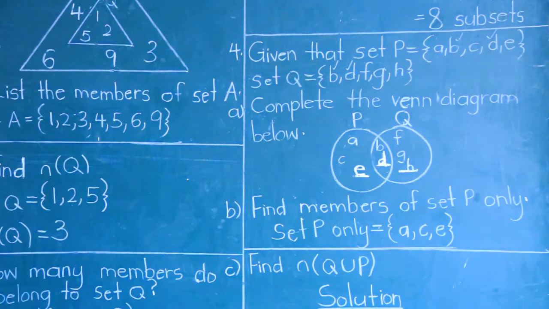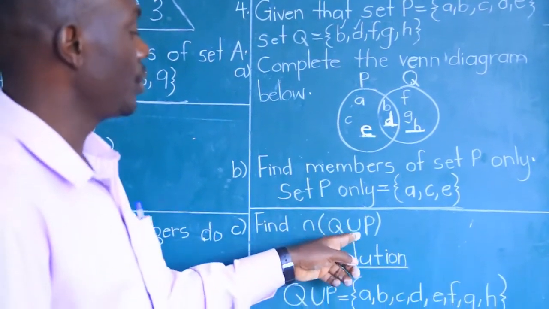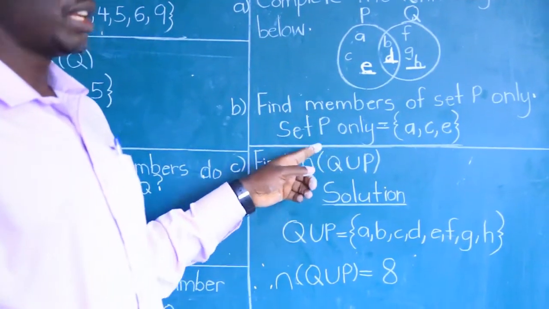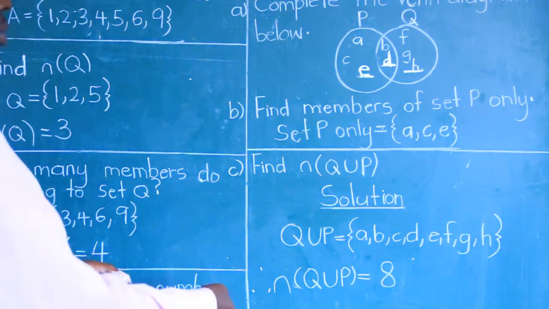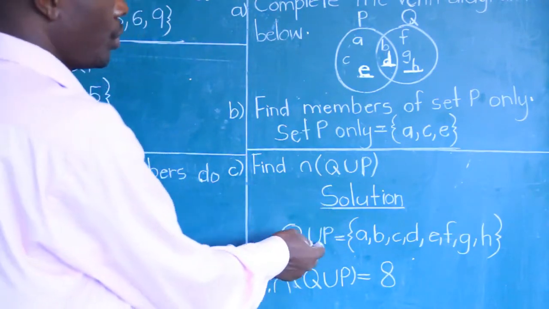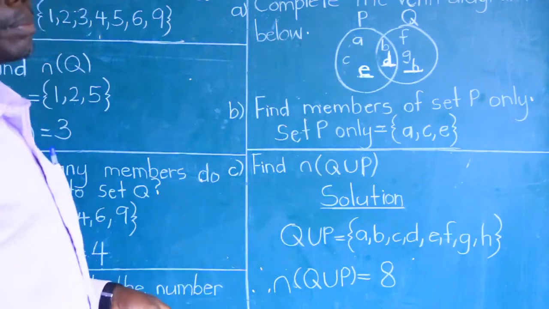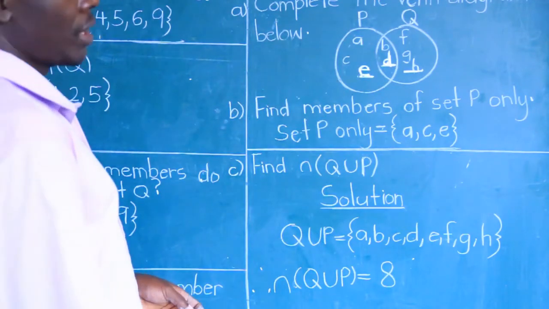So set P only equals open curly brackets, A comma C comma E, and then close. Then read part C that says find the number of elements in set Q union P, meaning you write them before you count them. So this is the way it's done. Q union P, write all. It's better to write them alphabetically so that I don't forget any.